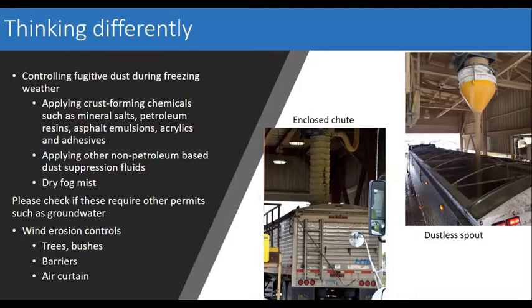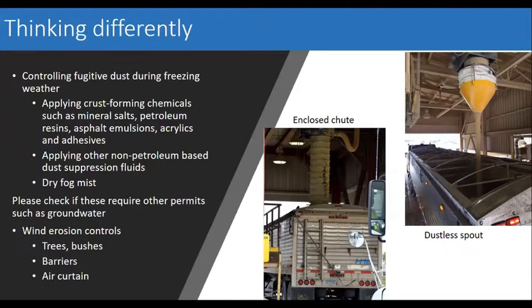There are also certain products that could be used to control fugitive dust during freezing weather, which some of you might experience. And these are materials that are already in the market, and you may be aware of them. They are crust-forming chemicals such as mineral salts, petroleum resins, asphalt emulsions, acrylics, and adhesives.